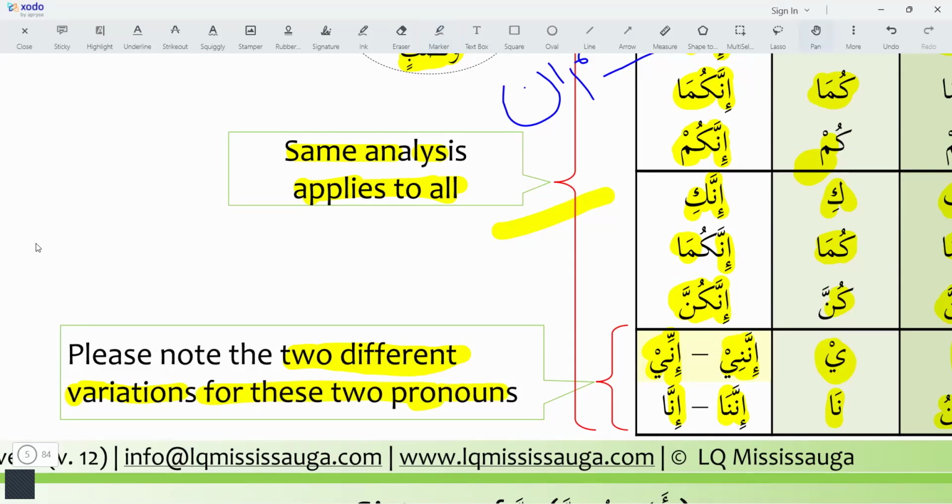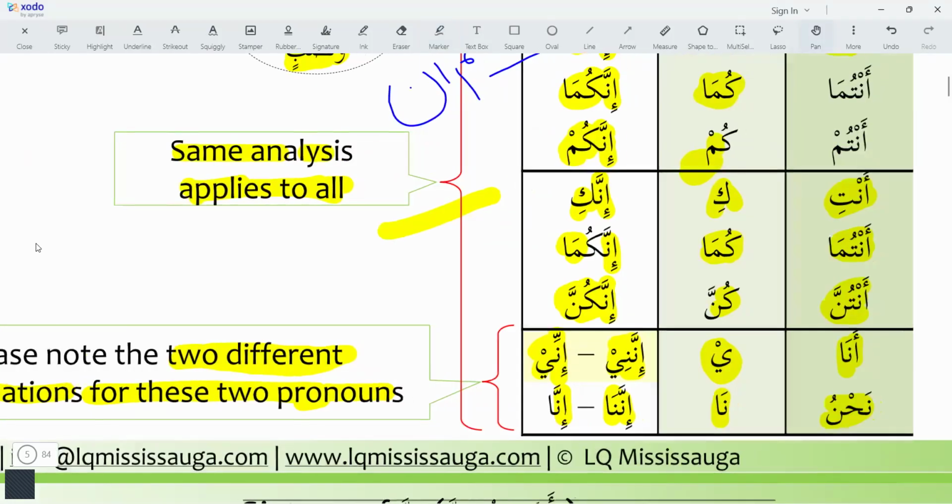Which are the two pronouns? Ana and nahnu. Both are correct. It depends on which form you want to use: innani or inni, innana or inna.